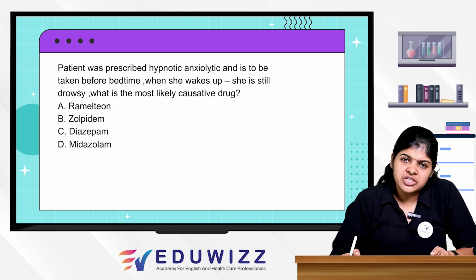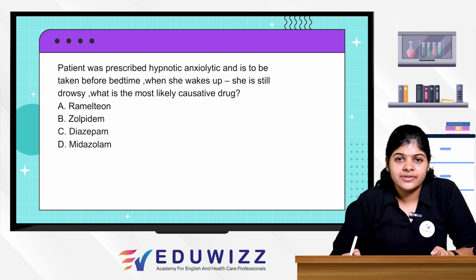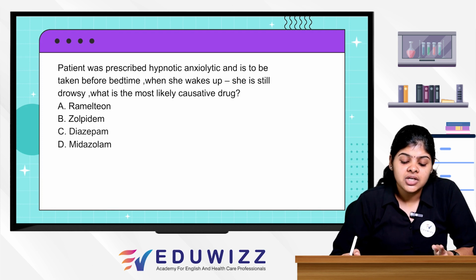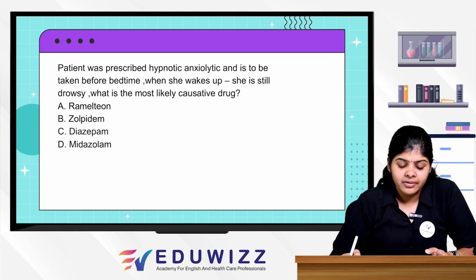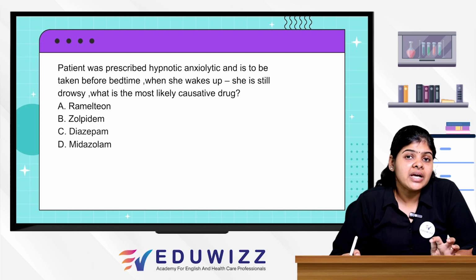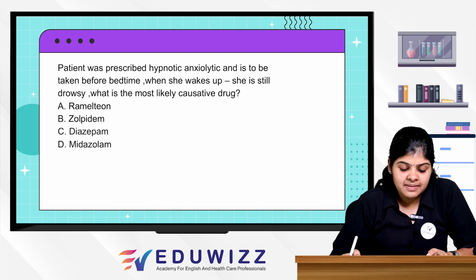Anxiolytic means it is given for an anxiety condition, and it causes hypnosis. She takes it at bedtime, but in the early morning she is feeling lethargy and drowsiness. So what is the causative drug? In the given options, ramelteon may cause drowsiness, but compared to diazepam, it will not cause that much drowsiness. So our answer is diazepam.